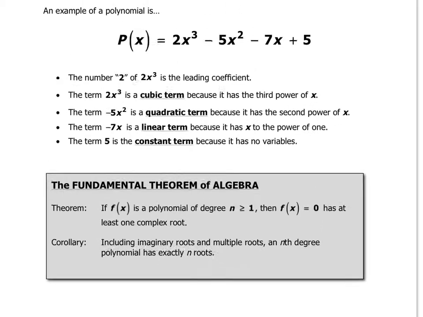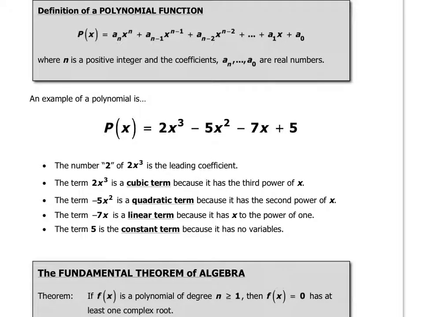The reason why this is important for us is if we take this polynomial that we have right here and we set it equal to 0, we have 2x to the third minus 5x squared minus 7x plus 5 equals 0. And we go about solving this equation.